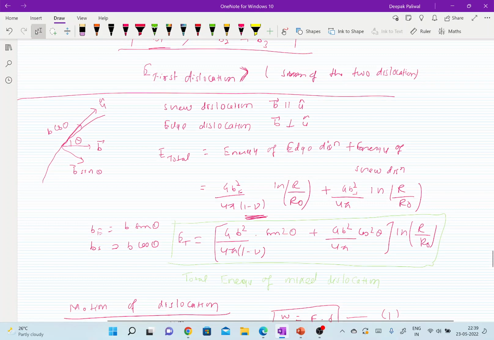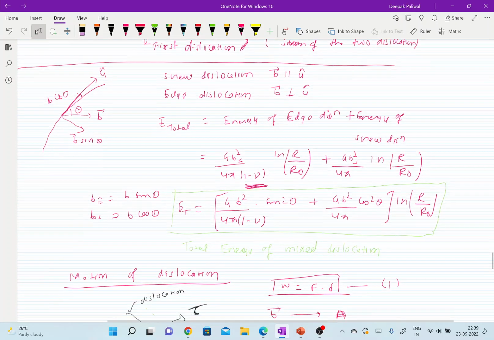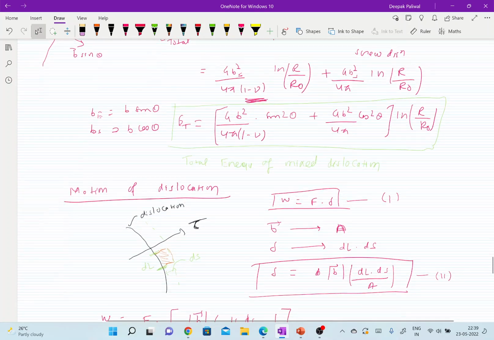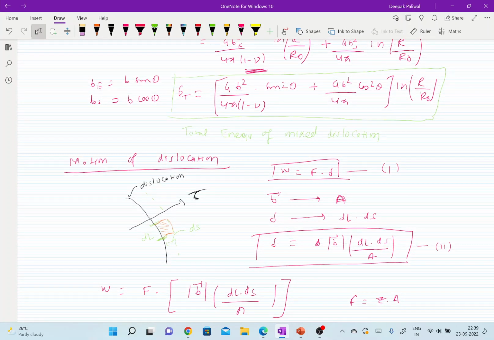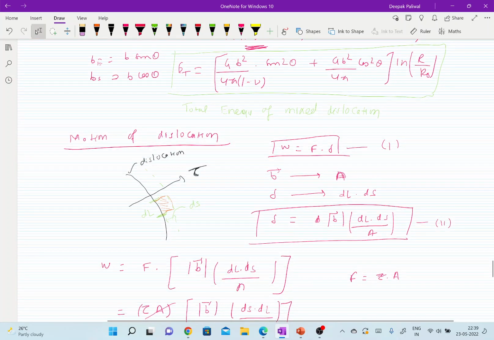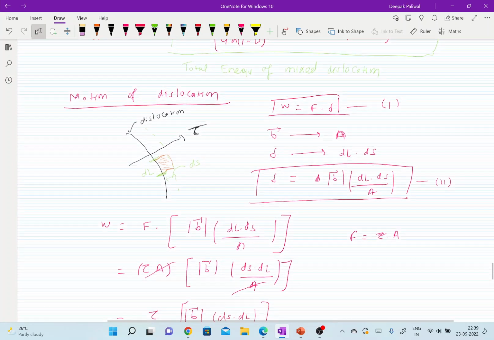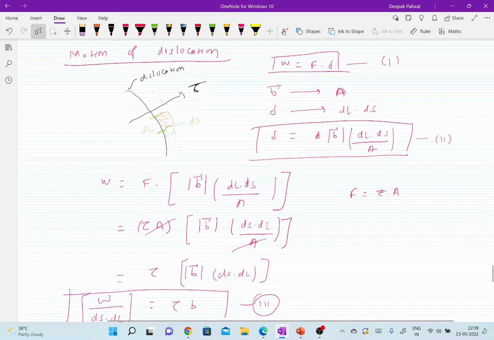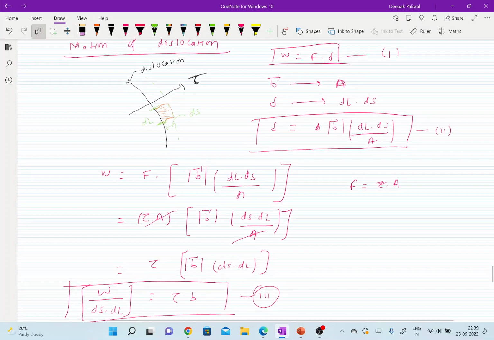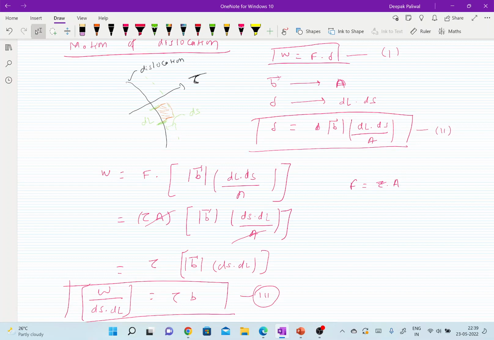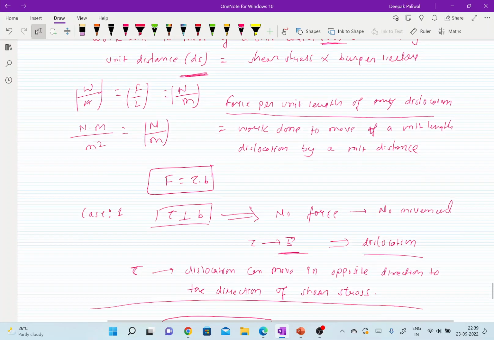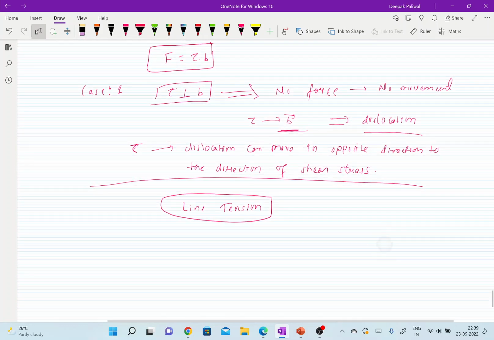Then we learned about the mixed dislocation case, how we can write the total energy of the mixed dislocation, which is the summation of the energy of the screw dislocation and the energy of the edge dislocation. Then we learned about the motion of a dislocation, how much force we need to move a unit length dislocation by a unit distance. In the next lecture we will talk about the line tension.